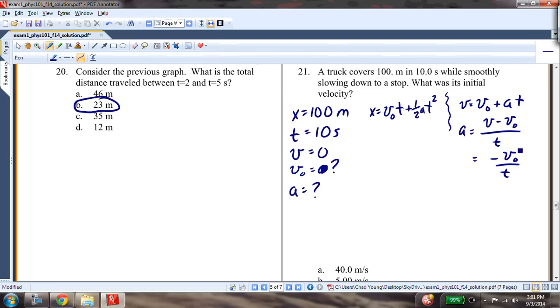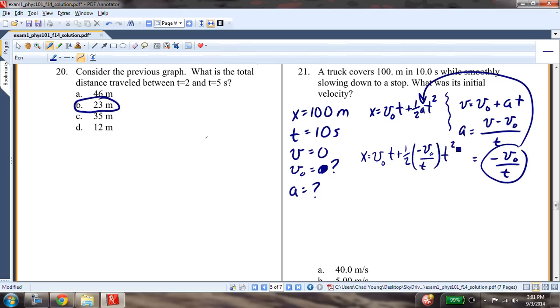Right, and I'm going to take this and plug it in right here. So I have x equal v naught t plus 1/2 negative v naught over t times t squared. One of these t's cancels, and then I can put in some numbers now.